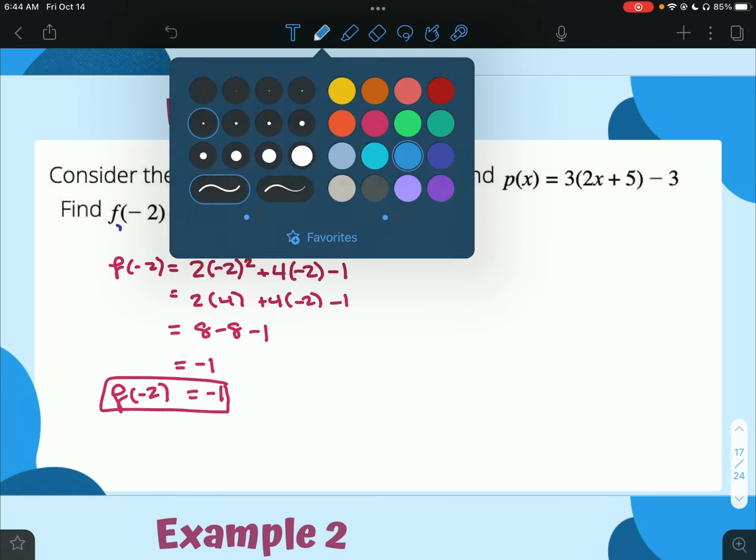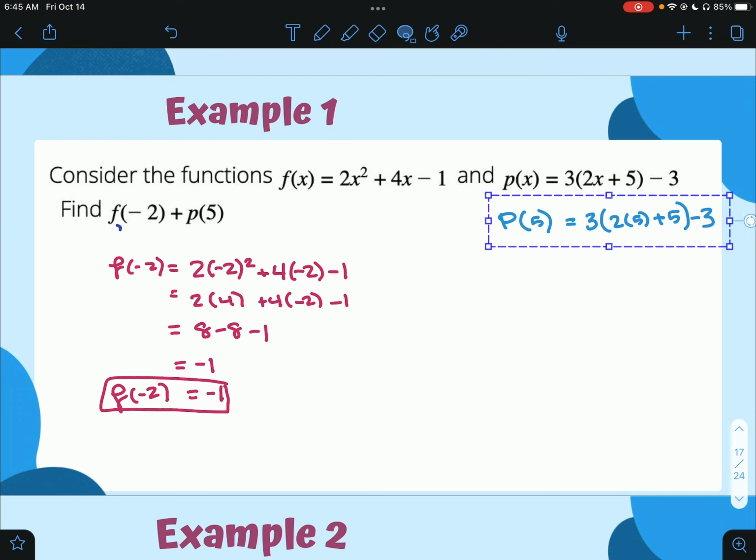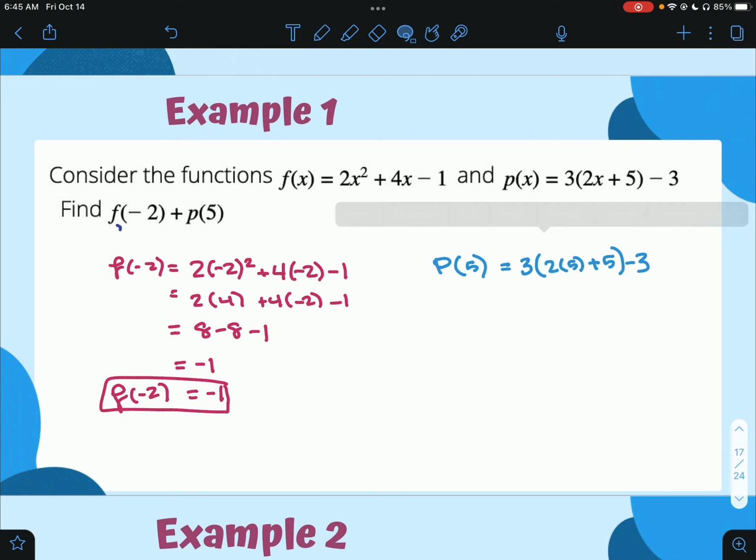Then we want to say p of x is equal to 3 times 2x plus 5 minus 3, where x is 5. We're going to set this up. Remember, anytime you plug in, we throw that value in parentheses. So we are simplifying 3 times 10 plus 5 minus 3.